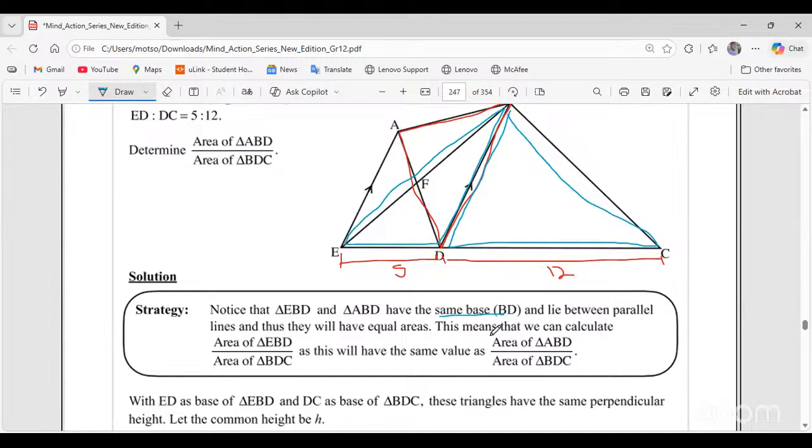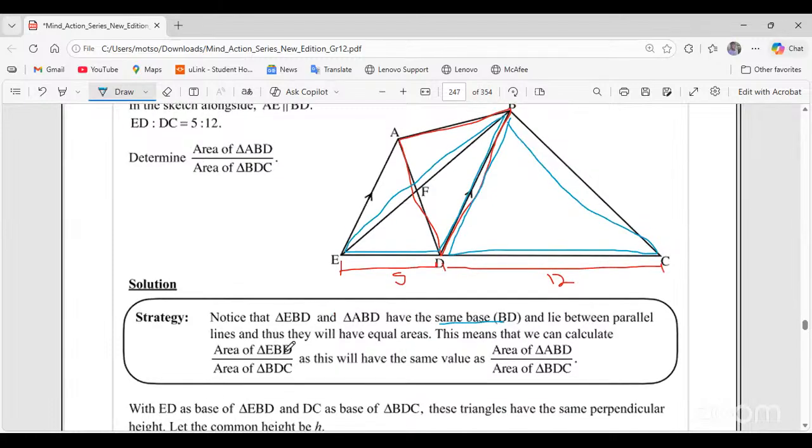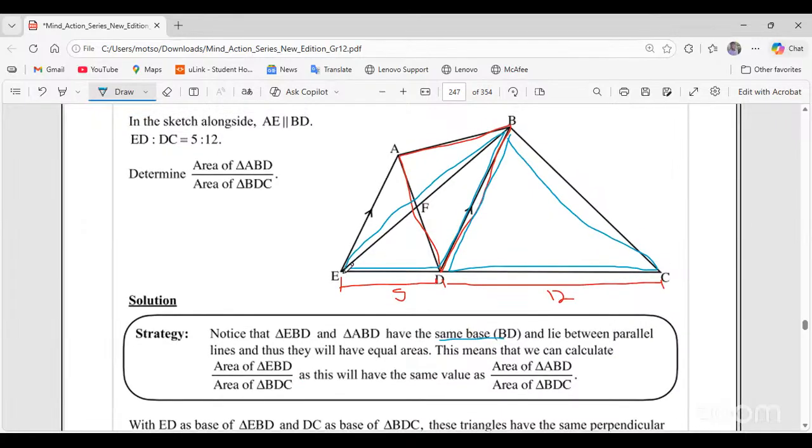Now this means that we can calculate the area of EBD all over BDC. How can we do that? Having a look at these blue triangles, do we have anything common?